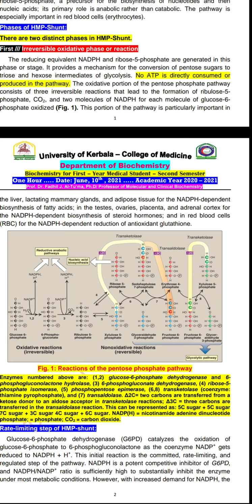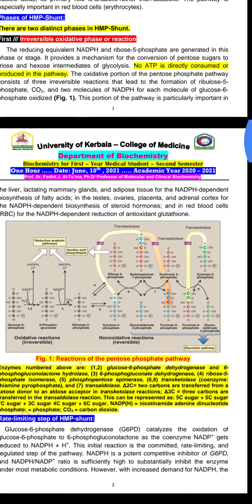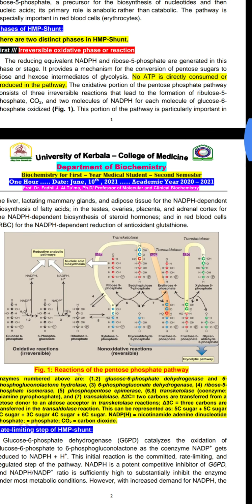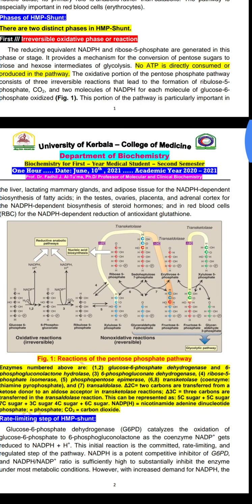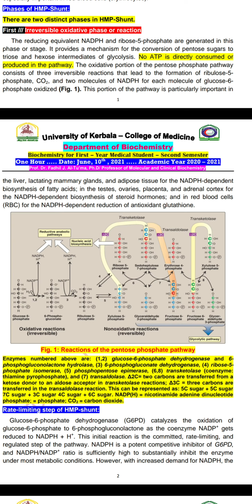The HMP shunt is very important for the mammary gland and liver, lactating mammary gland, and adipose tissue for NADPH generation, because various enzymes in these tissues are dependent upon the presence of the reducing equivalent NADPH molecule.